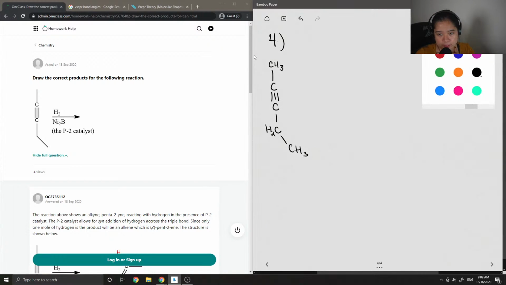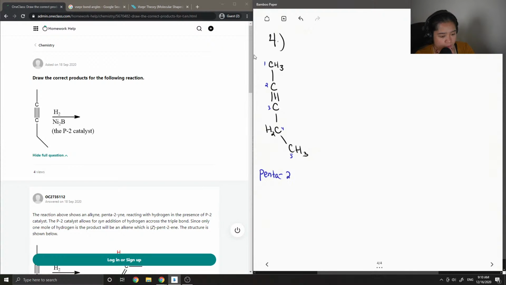Okay, so if we wanted to try to name this, you'll see that there are 5 carbons, and if we numbered them, we'd see the triple bond is on carbon 2, so this would just be called pent-2-yne.